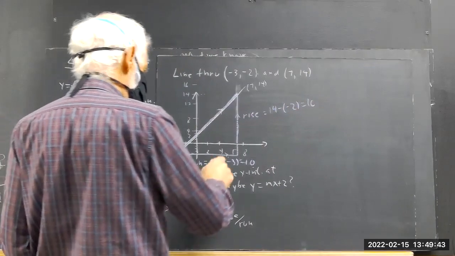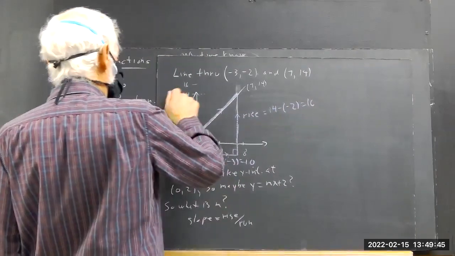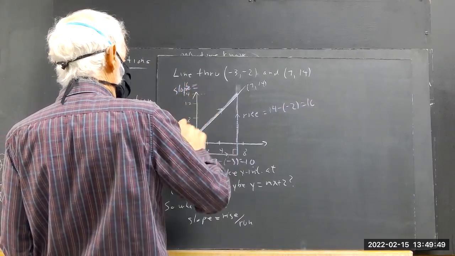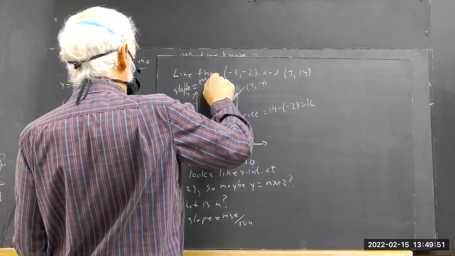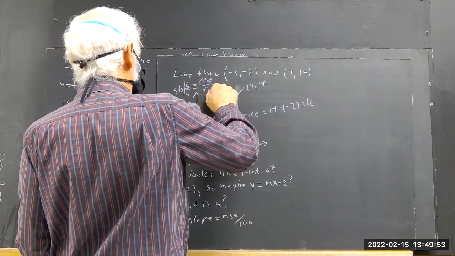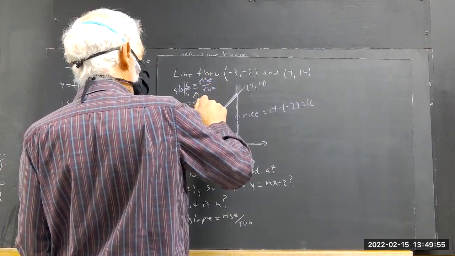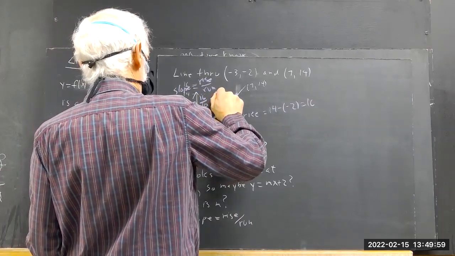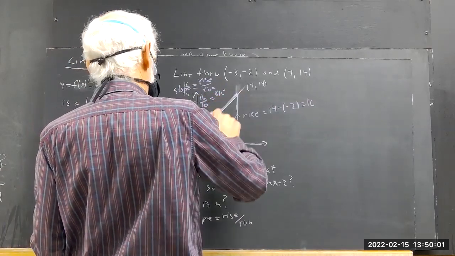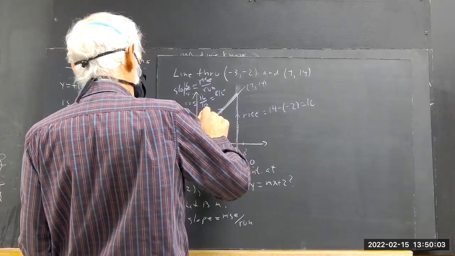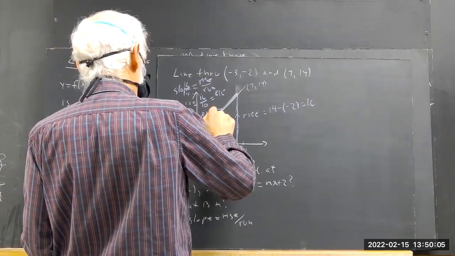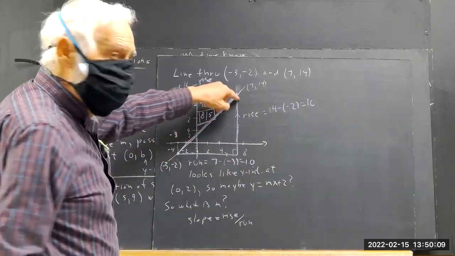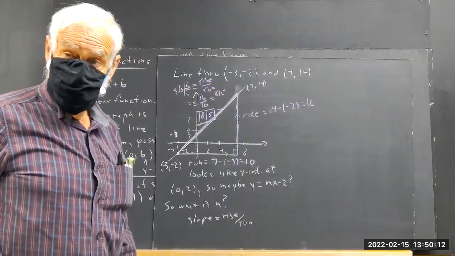So the slope equals rise divided by run equals 16 over 10, which of course is 8 over 5. And I put that here in a box next to the hypotenuse.